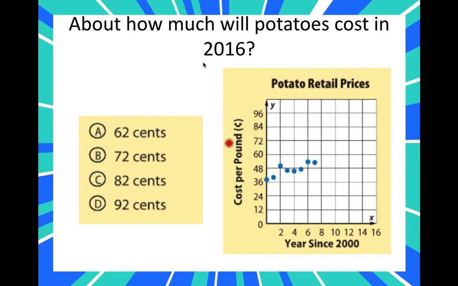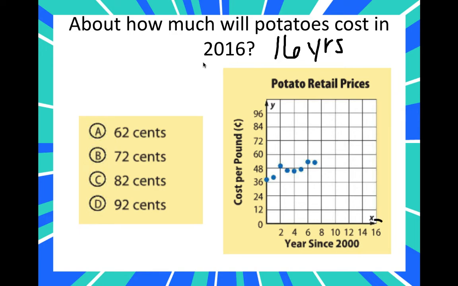This one's actually pretty easy because it says years since 2000. So how many years is 2016 from 2000? Okay, but I have seen them when they're like 1997 or 2002, and so you have to really think about it. But 2016 is 16 years past 2000.